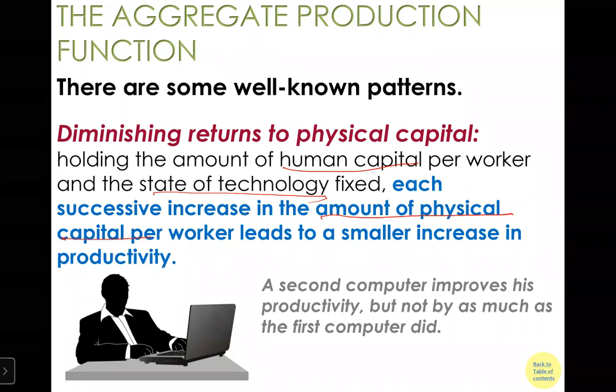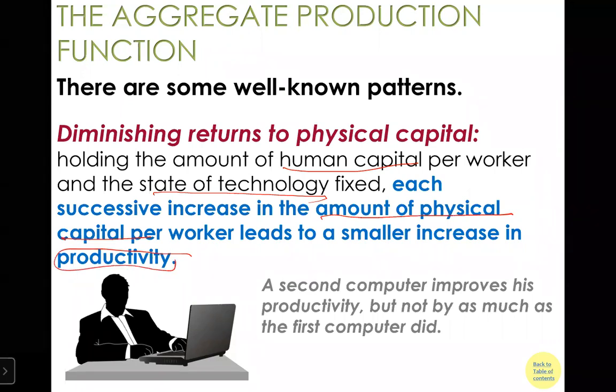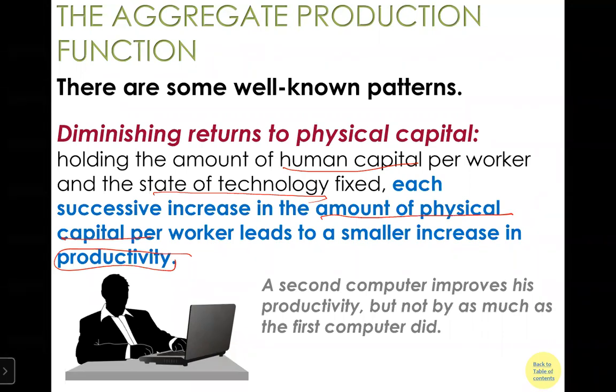smaller increase in productivity. What does this mean? It means if we have the same level of technology and human capital, and you simply give workers additional physical capital, think about an additional computer, or an additional delivery truck, or an additional pen or pencil, those are all considered capital.